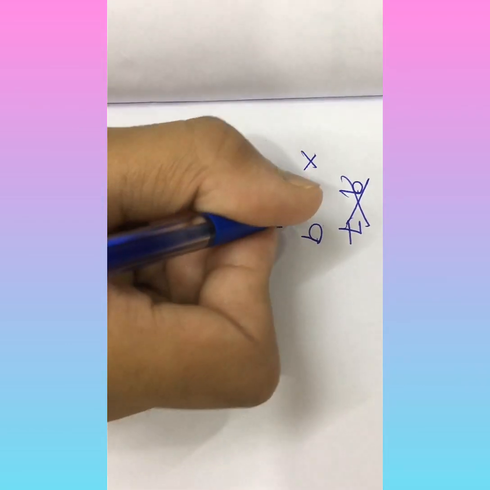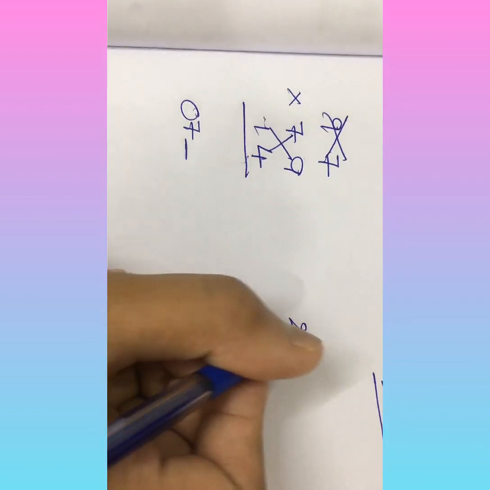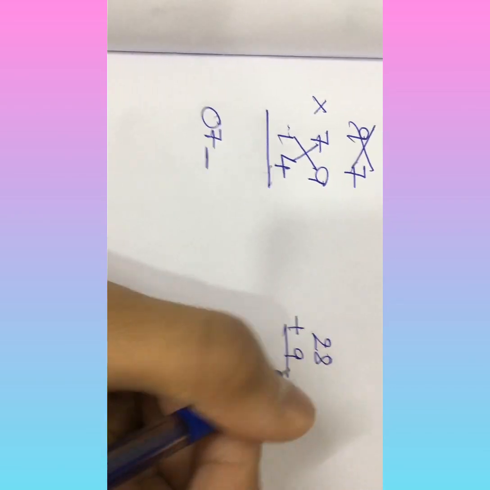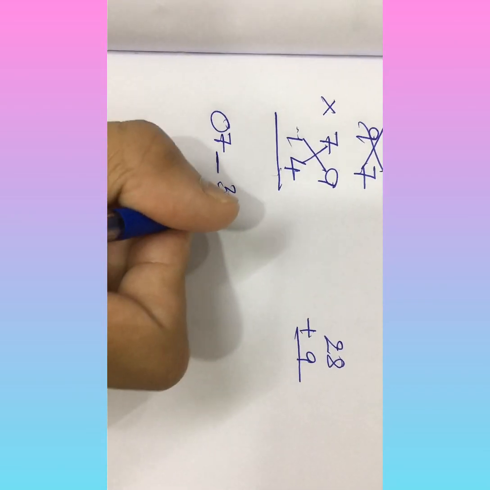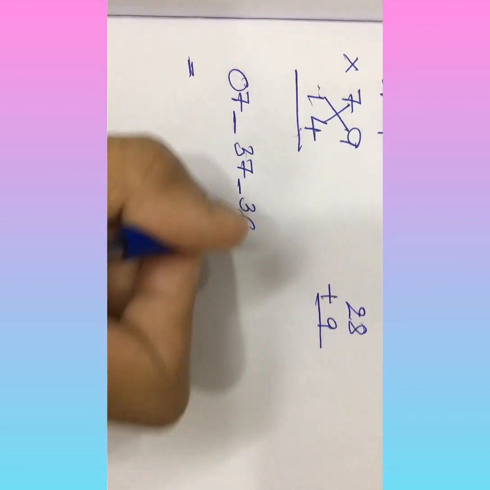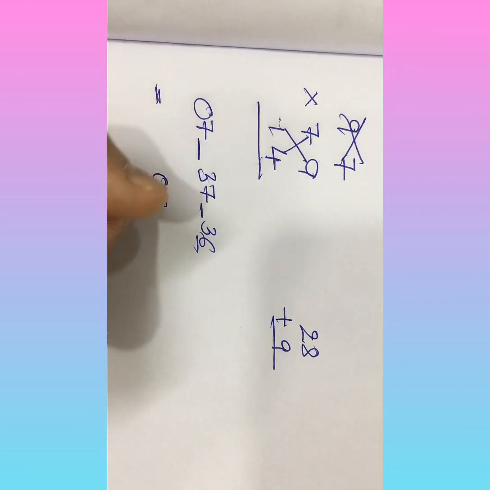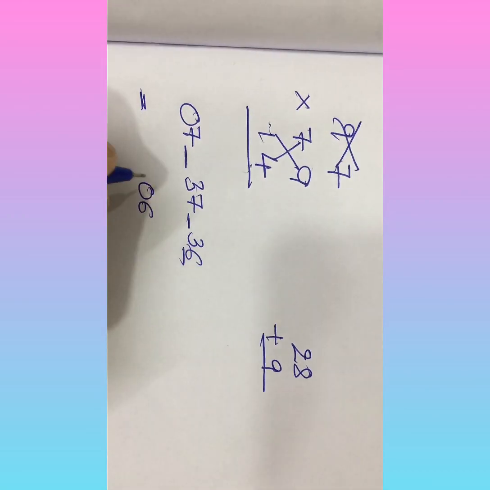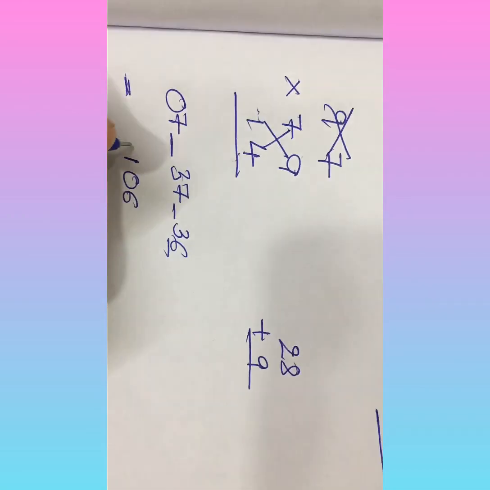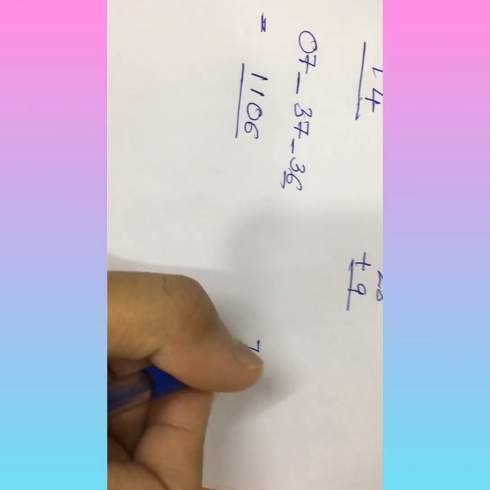And 7 into 4 plus 9 into 1, that is 28 plus 9. We'll get 37. And 9 into 4 is 36. So 6 as it is we write, and 7 plus 3, 10, and 1 carry. Again 7 plus 3, 10, and another 1 carry. We got 1106. So let's check this.